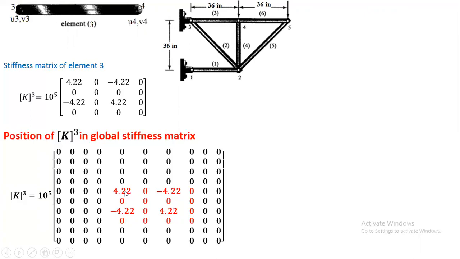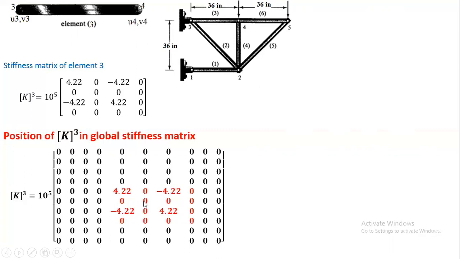This is 5 5, next 6 5, 7 5, 8 5. Next this one is, sorry, 5 6, 5 7, 5 8.